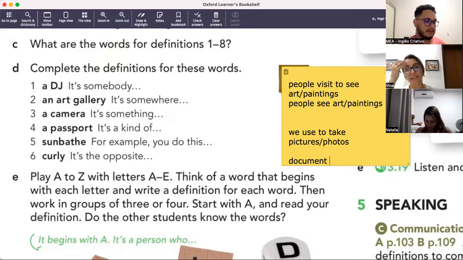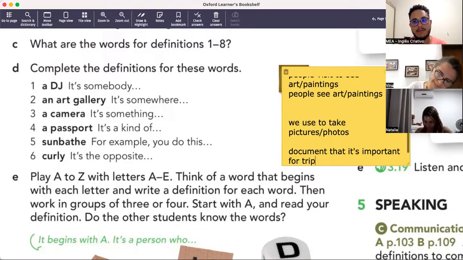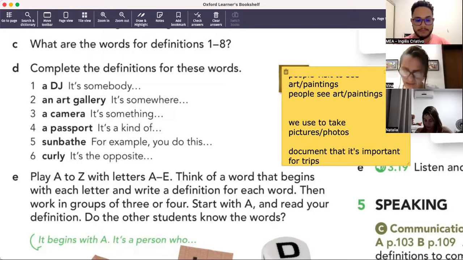It's important for travels. Document that it's important for trips. Trips is more than noun. Trips, yes. Eu não botei o nome document, eu botei só that's for trip.